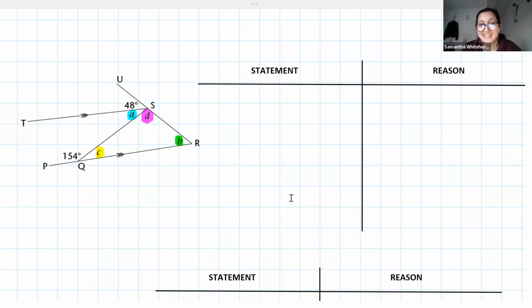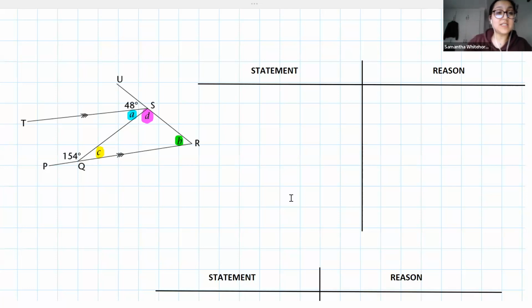Let me do A. Okay, so how do you get A? Ma'am, I said 154 degrees plus X is equal to 180, which are co-interior angles.